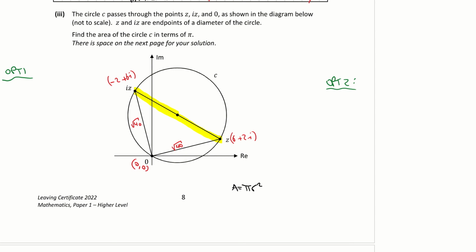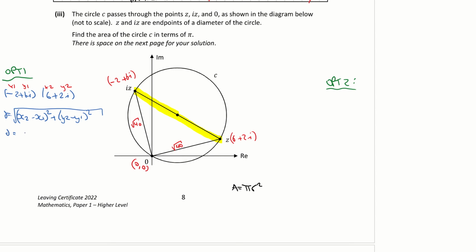So my 2 points are minus 2 plus 6i and 6 plus 2i. And I use the distance formula from my log tables: x2 minus x1, all squared, plus y2 minus y1, all squared, all in a square root. Label my 2 points x1, y1, x2, y2.